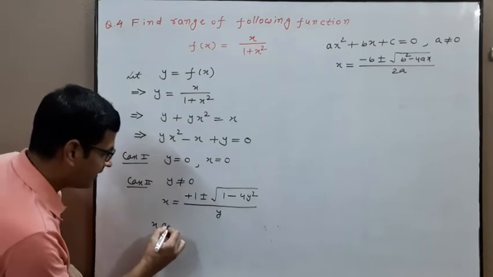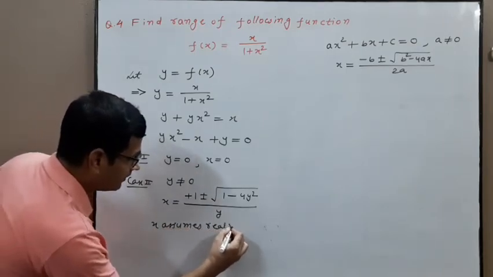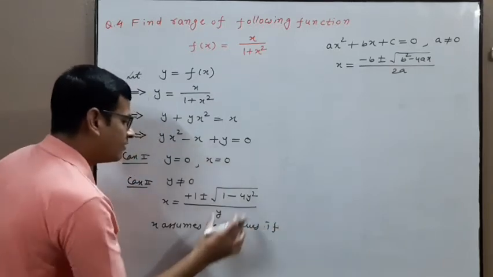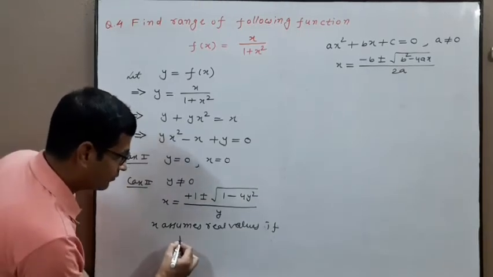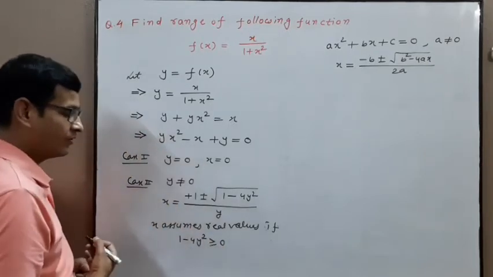After this, x assumes real values if the quantity inside the root is greater than or equal to 0. So 1 minus 4y square is greater than or equal to 0.